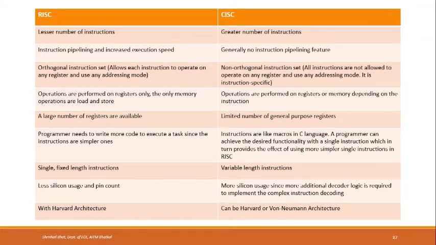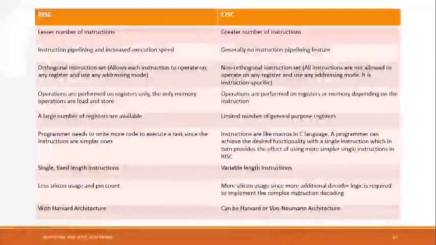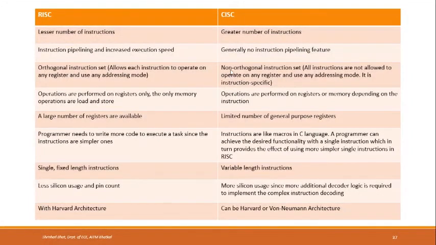There are some restrictions, so it is instruction specific. You can use only certain instructions for certain registers and certain addressing modes. So the instruction set is said to be non-orthogonal. Whereas in RISC architecture, there are no such restrictions. Any register can be used for any addressing mode.